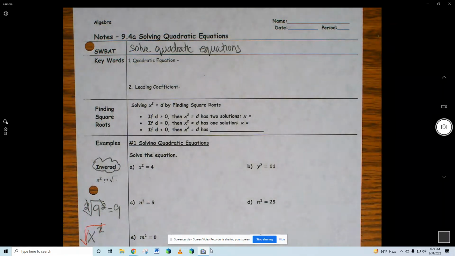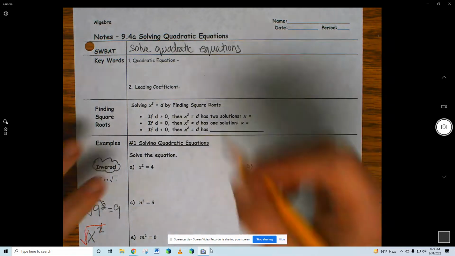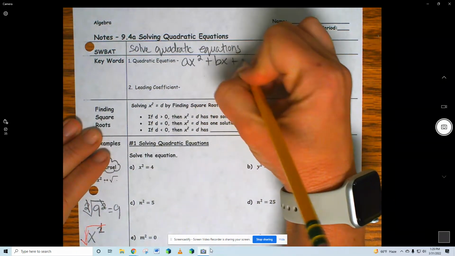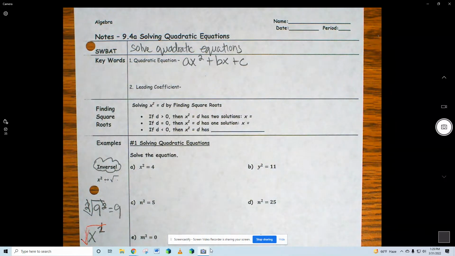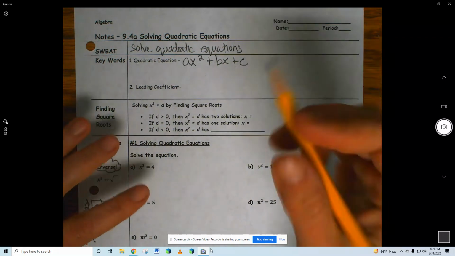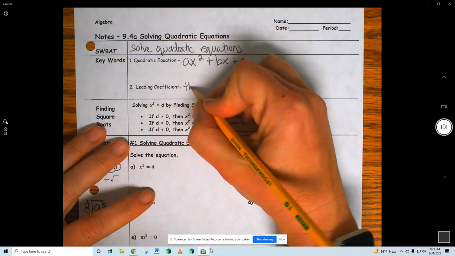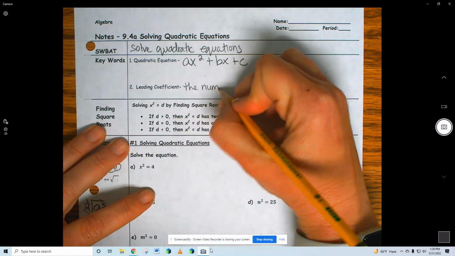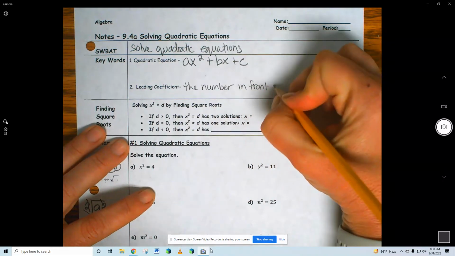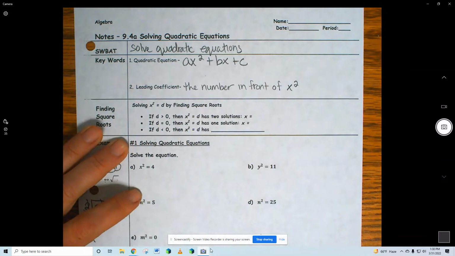All right, so a quadratic equation is ax squared plus bx plus c. And the leading coefficient is the number in front of x squared.